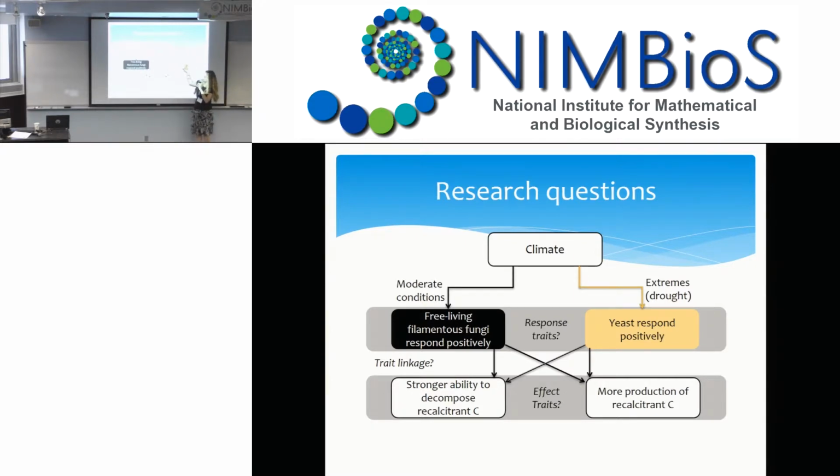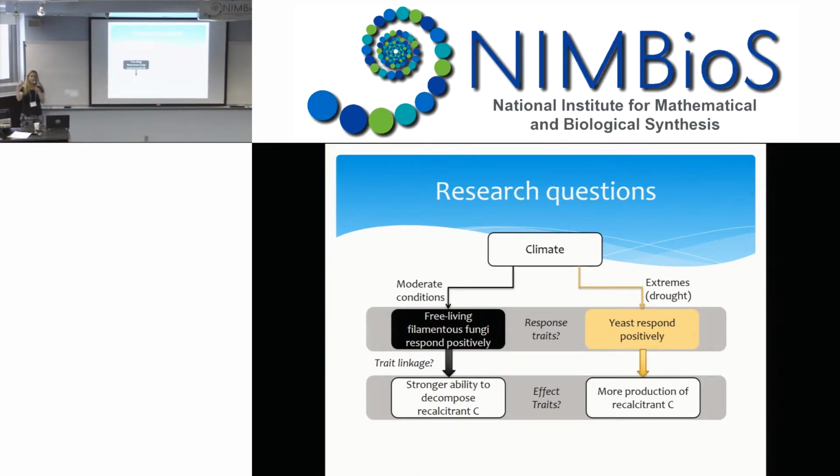So let's just say that the response traits are not linked to each other. They're kind of random. If you have an extreme climate, the yeast might respond positively. If they can decompose recalcitrant carbon and produce recalcitrant carbon, there might not be a net effect on carbon dynamics, right? That's if the traits are just randomly linked.